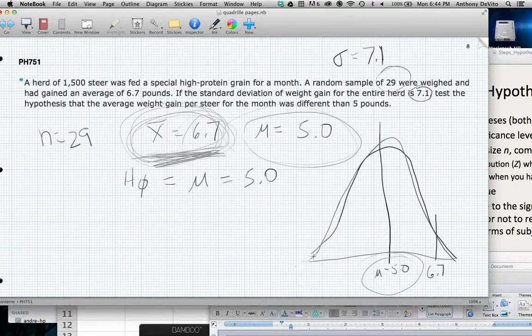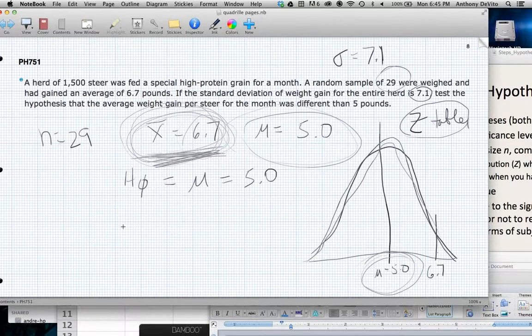This distribution is represented by what table? The z table. So I can use the z table to figure out how likely it is that I would have gotten this big a difference in results.